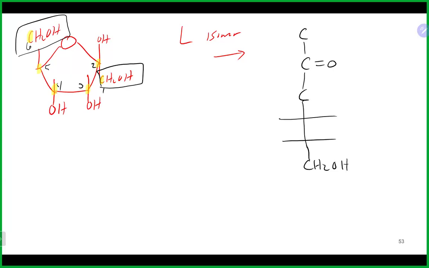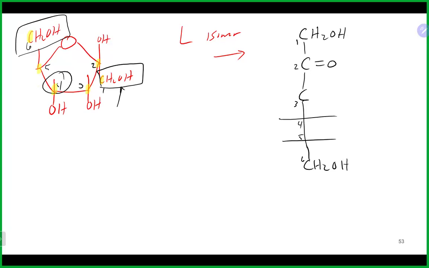Once again, we do want to count from the top down, closest to the carbon oxygen double bond to give a small number. So that would be 3, that would be 4, 5, and 6. That means here, carbon number 1 is going to go up here in this case, yeah? At this point, we have carbon number 4.